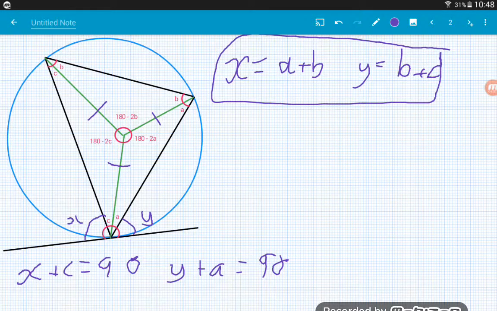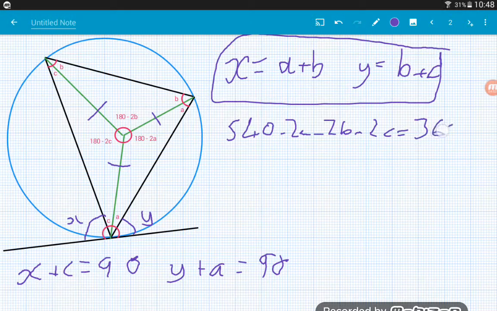So we've got 180, add 180, add 180, that would give us 540. So we know that 540 minus 2A minus 2B minus 2C is equal to 360. Again, that's just come from summing those three central angles.